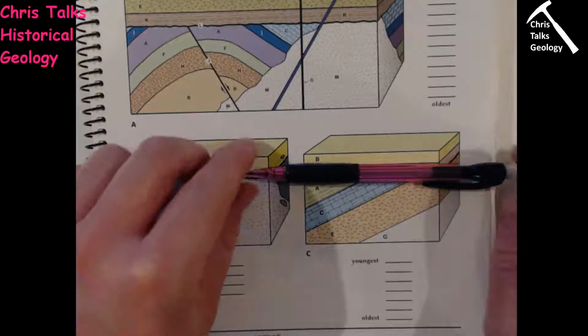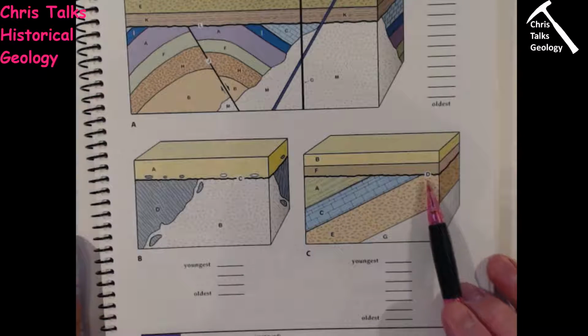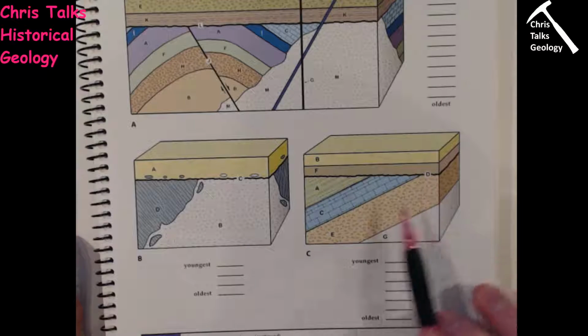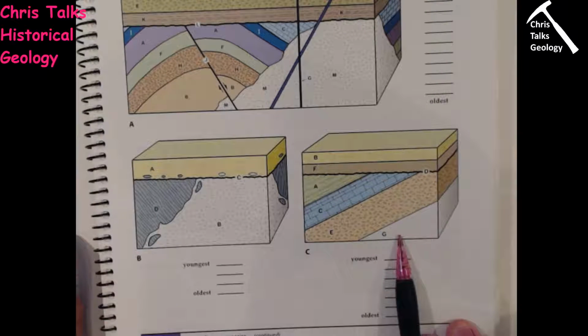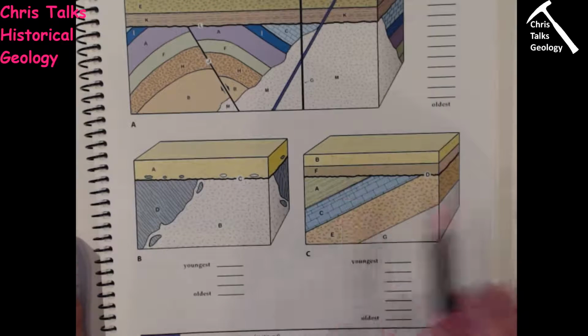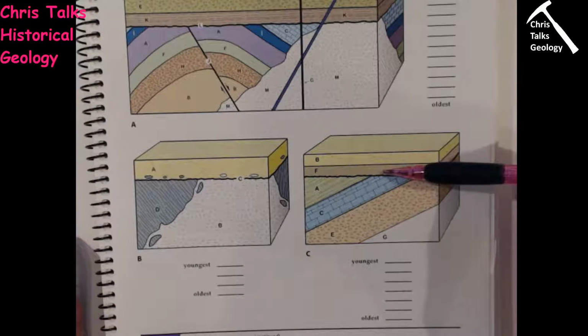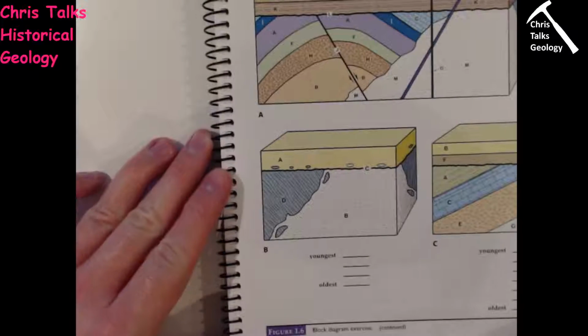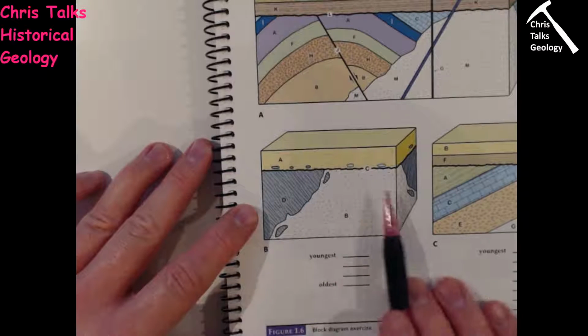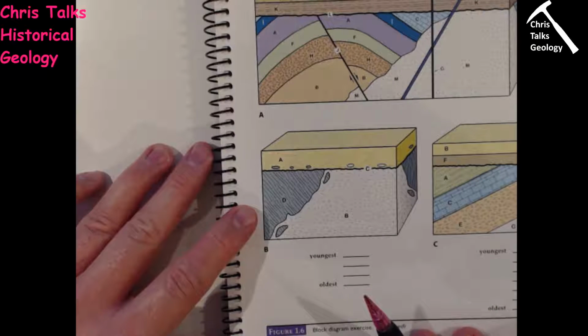Classic angular unconformity. So clearly D must straddle the space between these tilted layers and these horizontal layers. And then as you go to F and B, the principle of superposition is king again. In terms of this diagram here, the principle of inclusions is really going to help you out there.